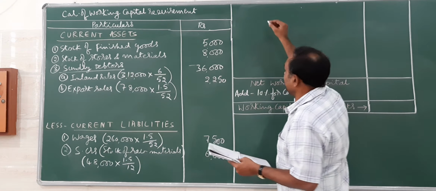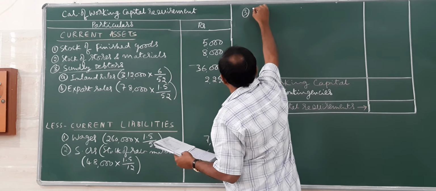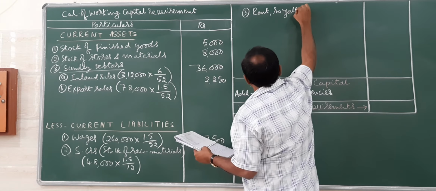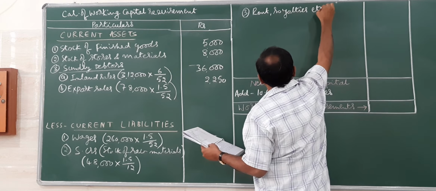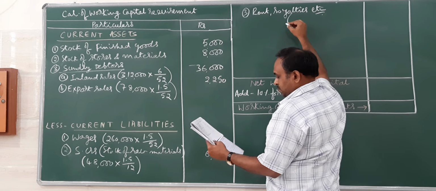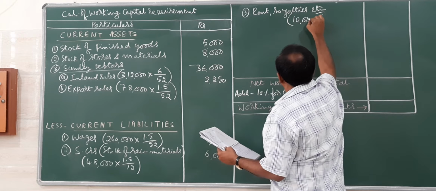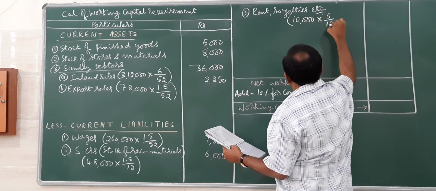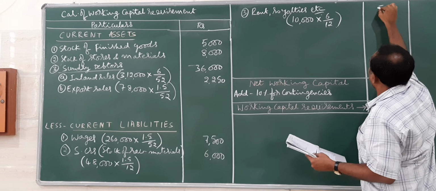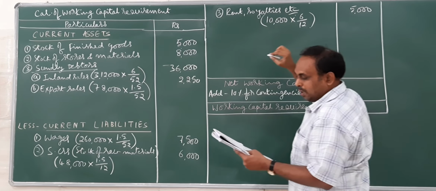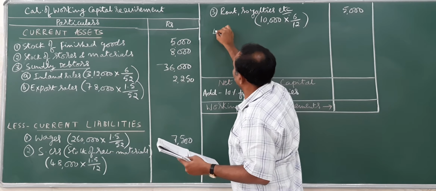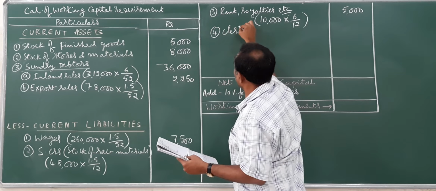The next one is rent, royalties, etc. That is also an expense, so a current liability. It is given as 6 months, so 6 by 12. Next is clerical staff, that is payment payable to clerical staff.